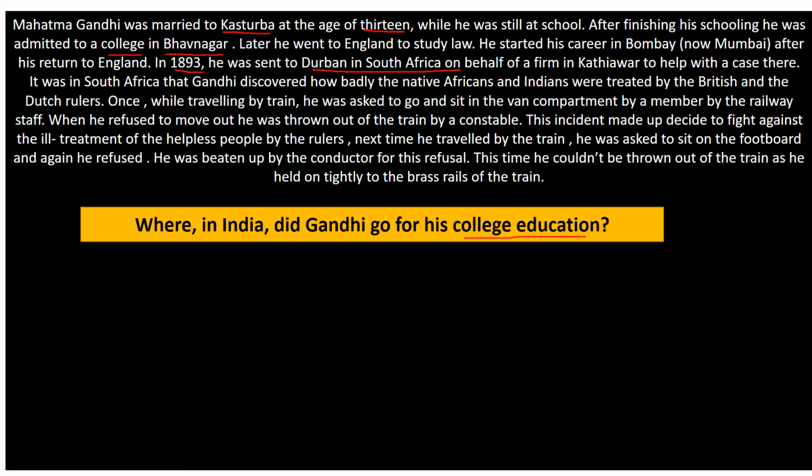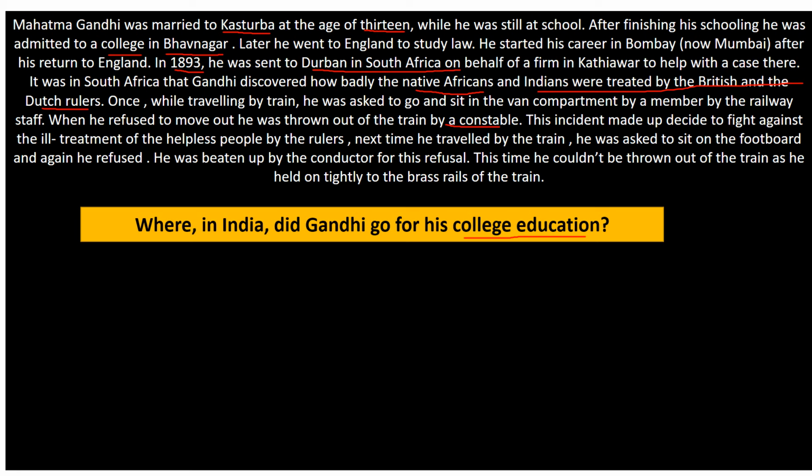It was in South Africa that Gandhi discovered how badly the native African, a new word, and Indians were treated by the British and the Dutch rulers. These all are new words. Once, while traveling by train, he was asked to go and sit in the van compartment by a member of the railway staff. When he refused to move out, he was thrown out of the train by a constable. So, by a constable, I'll mark.